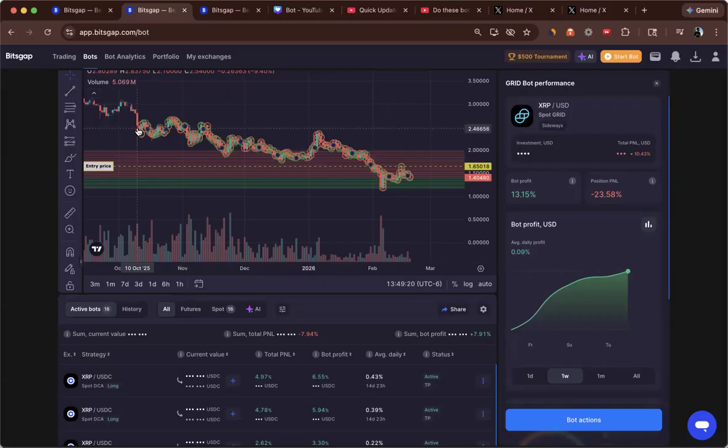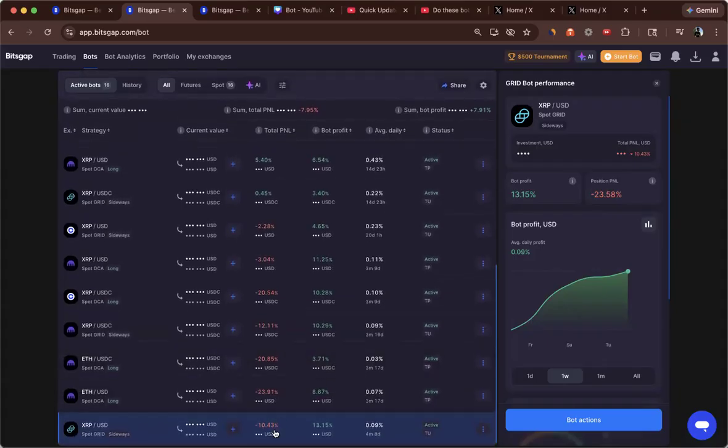So it's done nothing but go down, and that's why it looks kind of bad here, -10% on the P&L, but it's paid me 13% in bot profit. And if you take this 0.09 daily percent and extrapolate that out to a year, that's 32.85% APY.